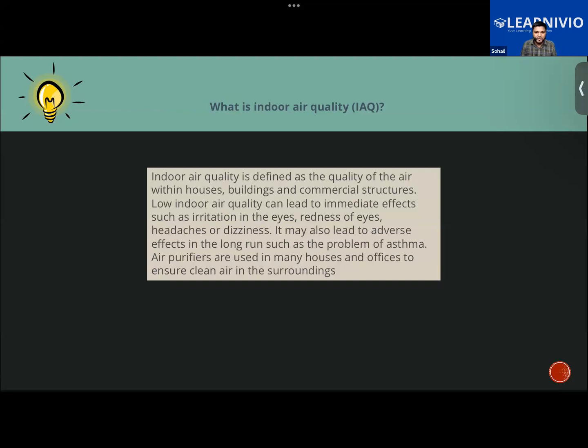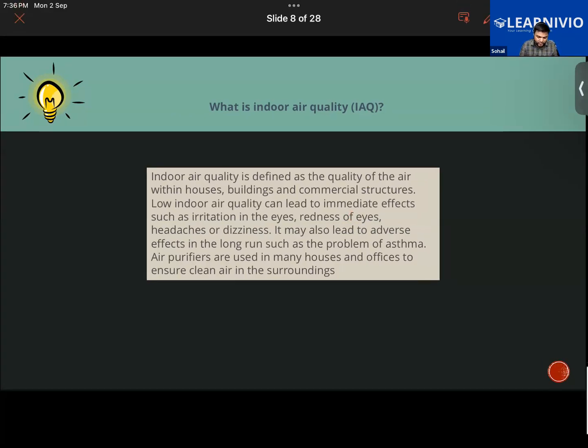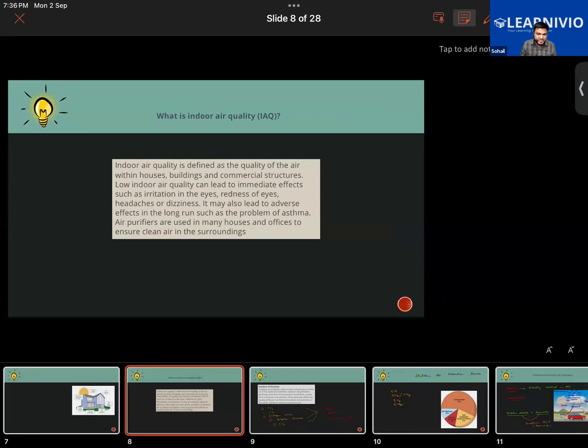Then after that we have indoor air quality. It is basically the quality of the air inside the closed premises of our houses, offices, schools, or other commercial places. If hygiene is not maintained and the air quality inside our houses is not clean, it can lead to many problems, like irritation in the eyes, redness of the eye, headaches, sneezing a lot, and dizziness.